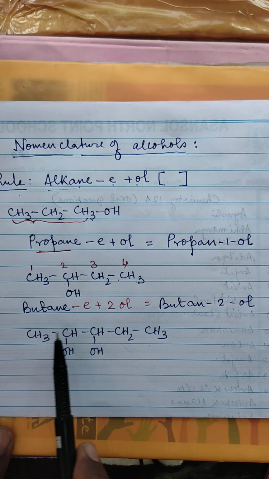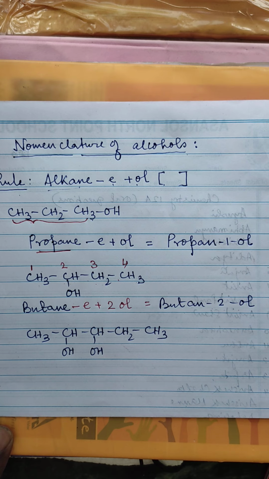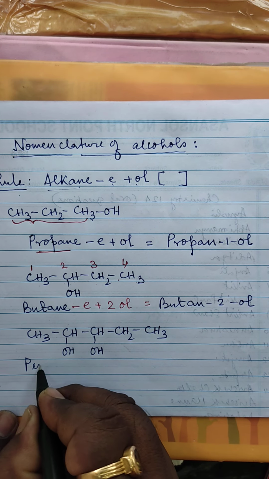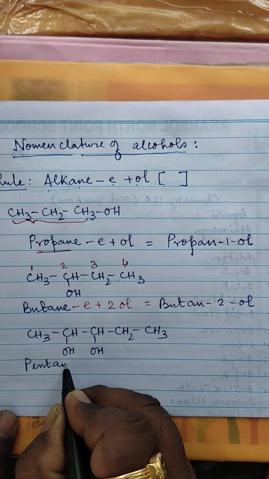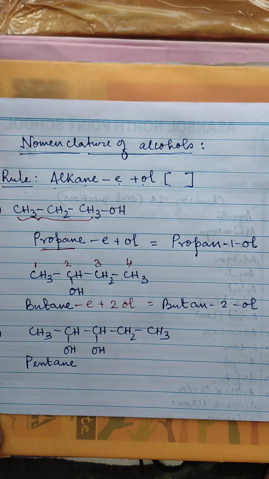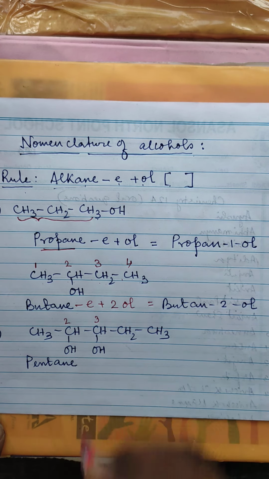We have to count the number of carbon. The total number of carbon here is 5, so the parent compound is called pentane. Now, in this pentane compound, in position 2 and position 3, there are two OH groups.